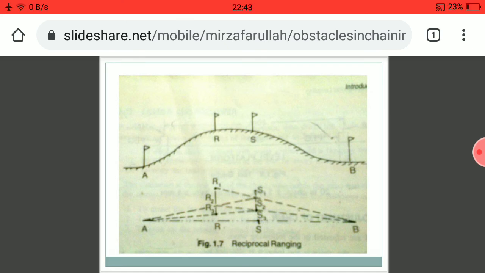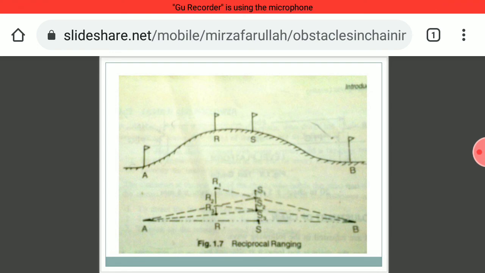Since this is a risen ground, it comes under the sloped ground. We will study how to measure the distance on sloped ground in the next section. This is the indirect method of ranging whenever you have the obstacles. In that, this is the first case where you have obstacle to ranging but not chaining.